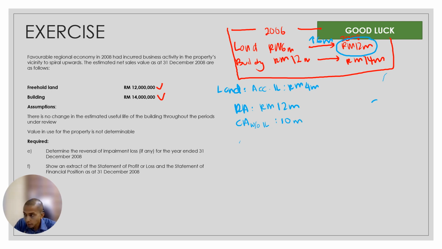So what we can reverse is only up to this figure. Even though they mentioned 4 million here, the original amount is only 10 million. So the carrying amount without the impairment loss is only 10 million, and we can reverse up to only the carrying amount.